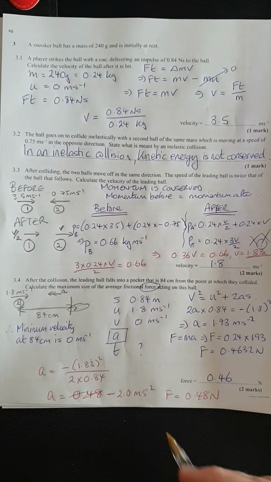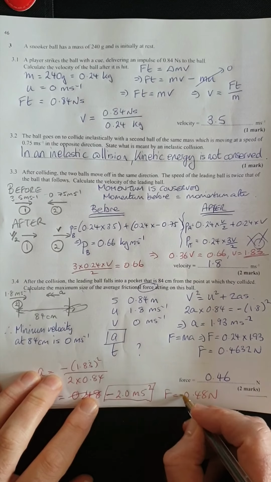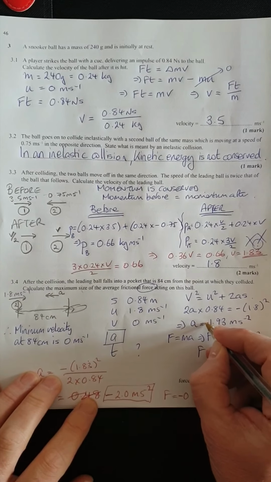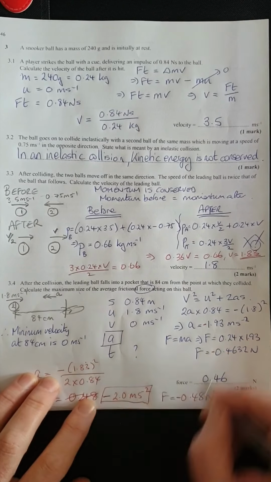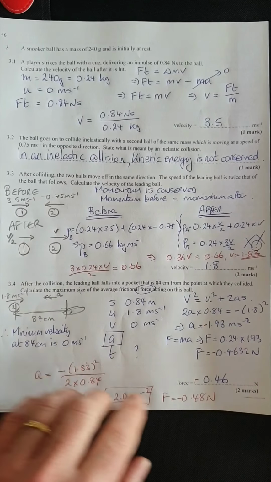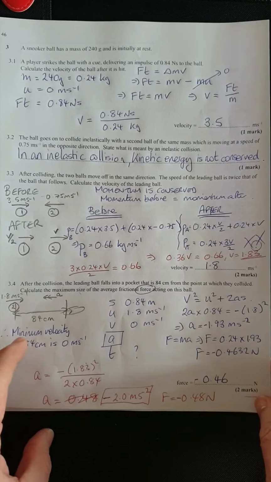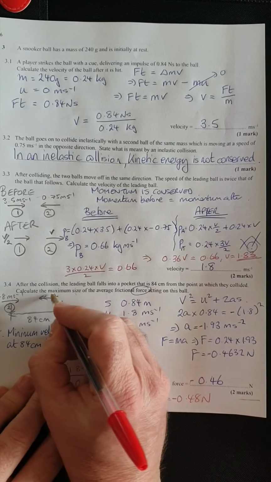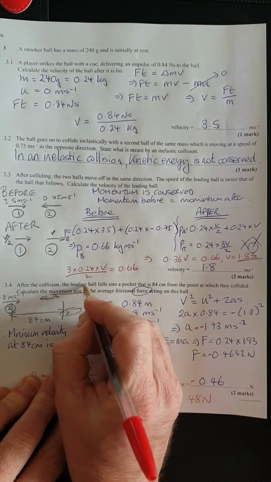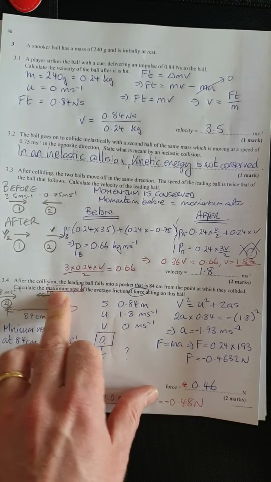The thing you might notice is here I've written this as minus, and again, strictly speaking, this is a deceleration, so I should have kept the minus sign in there, and the minus sign for the force here, meaning that it's telling me that the force is working against the direction the ball is moving. However, we can see that the question asks for the magnitude, so we don't need to put the sign in there, we're just looking for the magnitude.